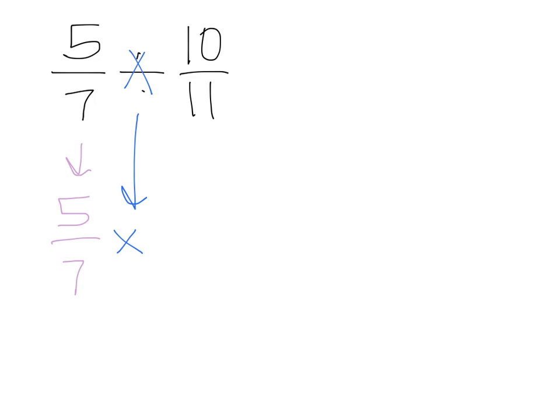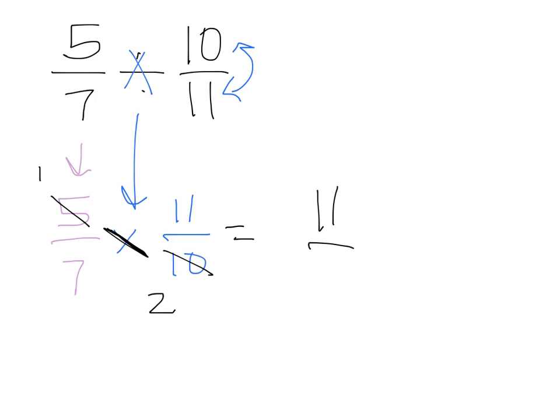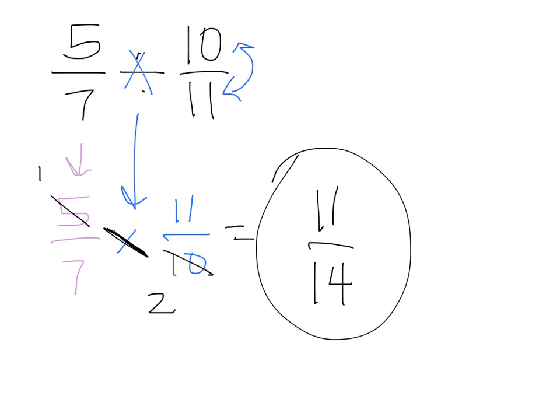And we flip this number around so that it becomes 11 over 10. Now we check for compatibility. 5 and 10 are compatible. Divide by the greatest common factor, 5. That becomes a 2. Your answer is 11 over 14. That is simplified. It can't be reduced.